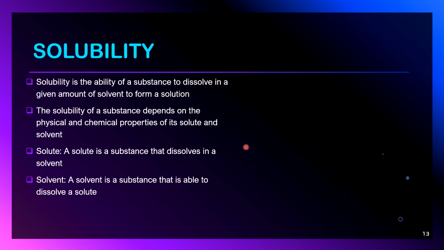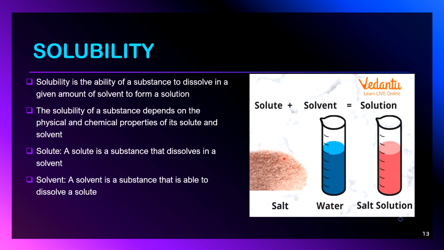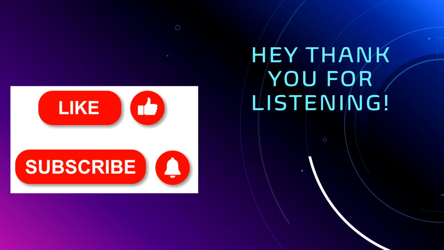Meanwhile, the solvent is the substance that is able to dissolve the solute. So this is an example image of solute and solvent, and it becomes the solution. As you can see, when salt is added to the water, it changes to a salt solution.